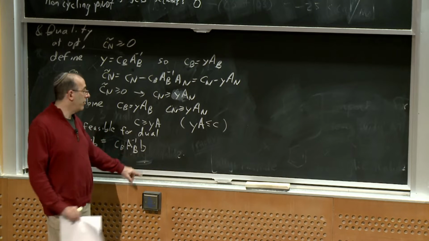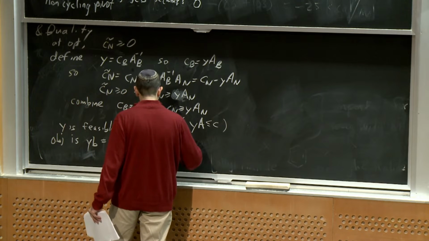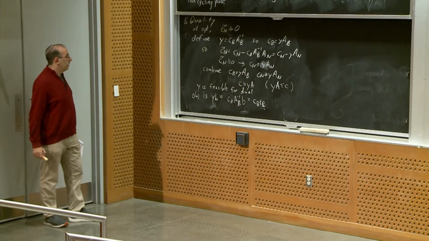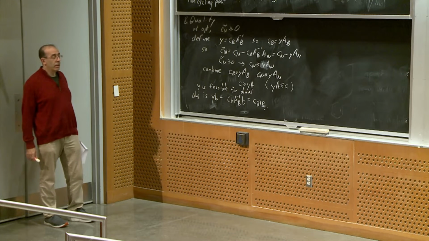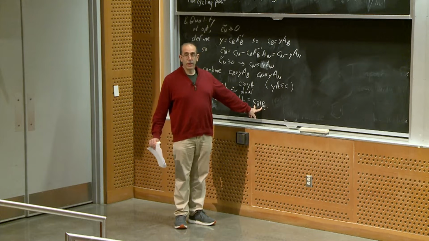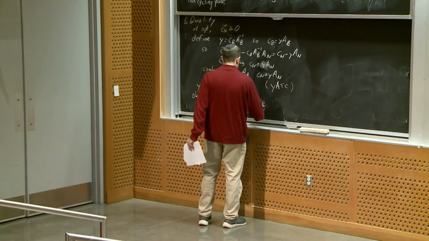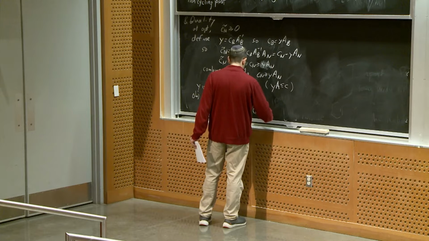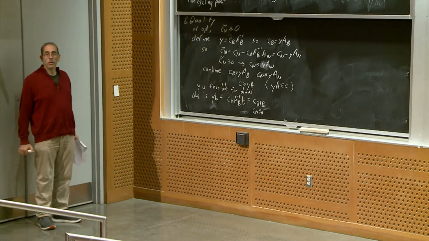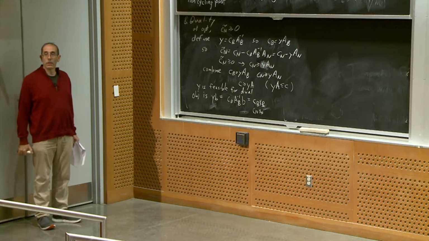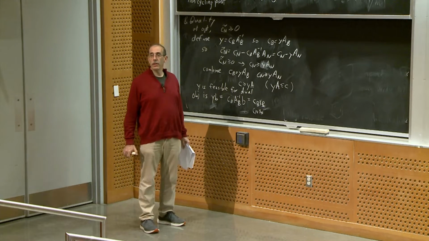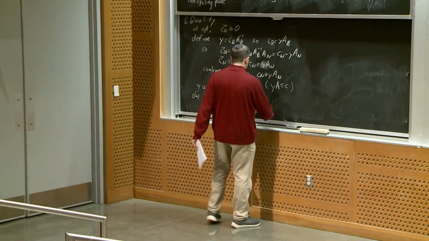Yeah, it's XB. Okay, so CBXB is yb. But this isn't exactly CX, right? We also have CnXn. But what is CnXn? Yeah, 0. Why? Those were the non-basic variables.